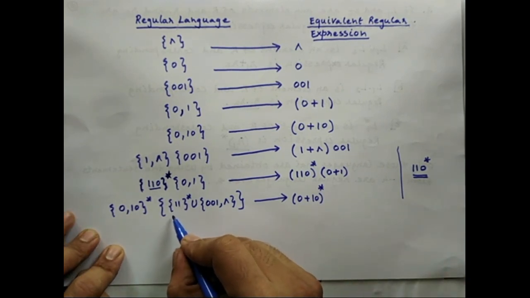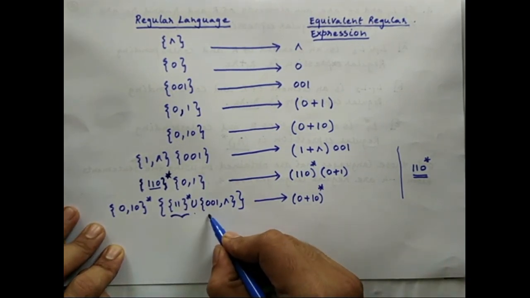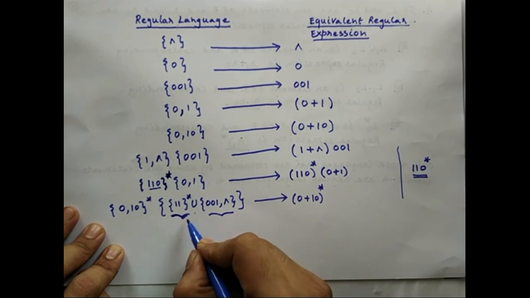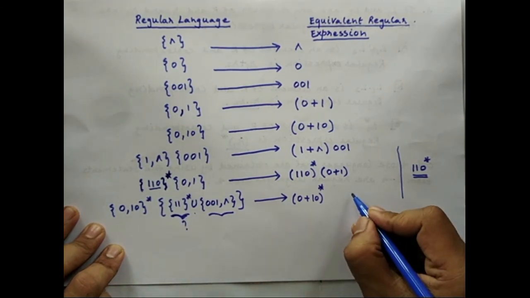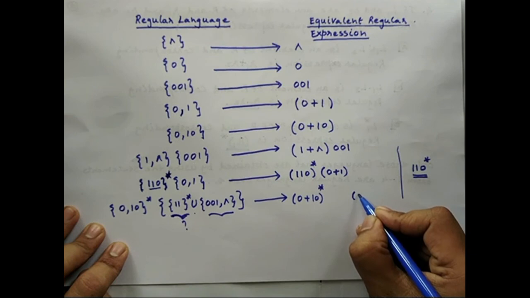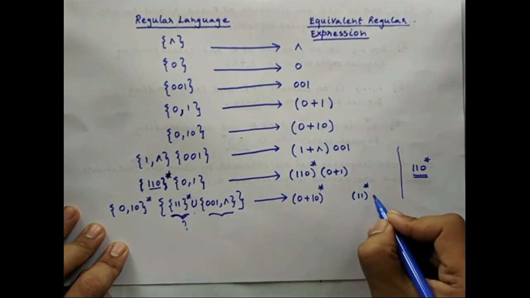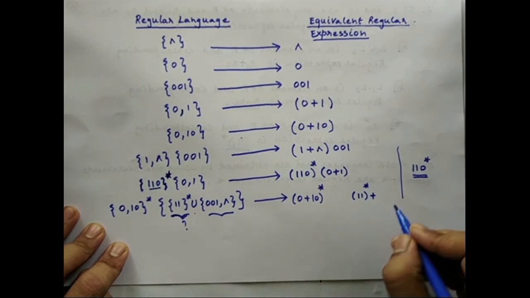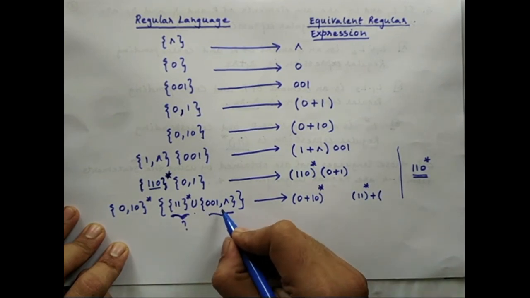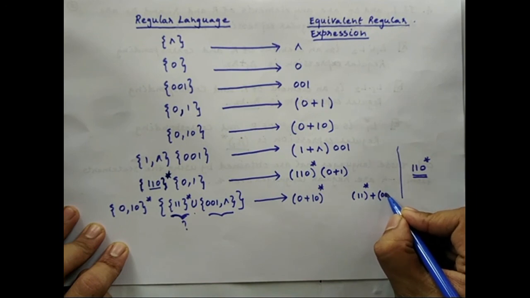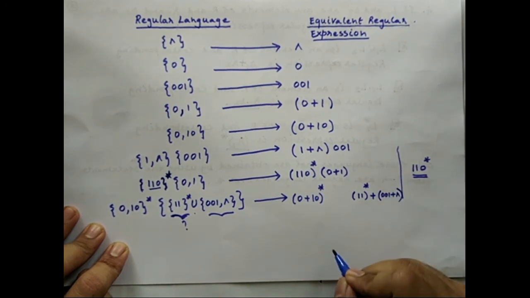Then it is this part union with this part. Let us first write this part. 11 star can be just written as 11*. Union will be written as plus. Then {0, 001, null} will be written as (0 + 001 + null).